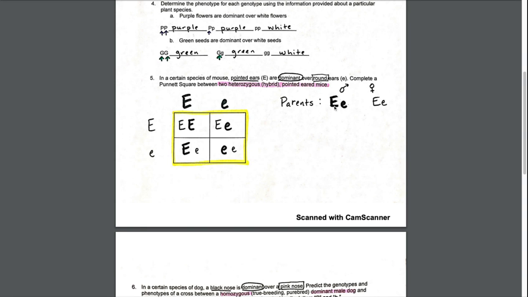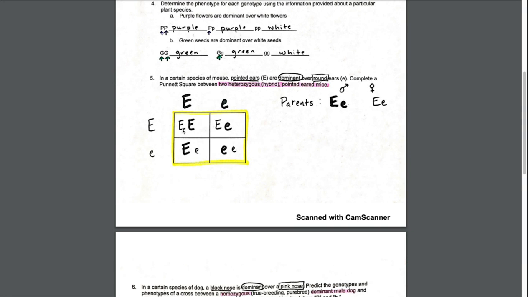From there, I've placed this set of alleles for the male on the top and the female set of alleles on the left-hand side. Please note, I separated the alleles. And if this is confusing, go back to the video I posted on probability and Punnett squares. If you're confused at this point, go back and rewatch that video.